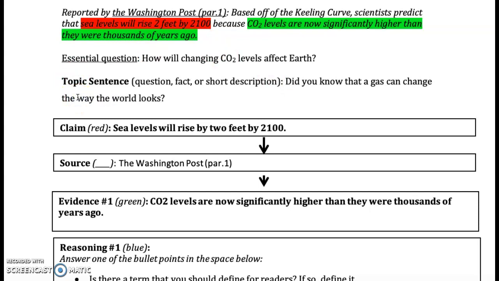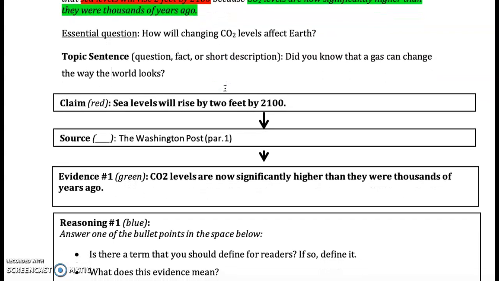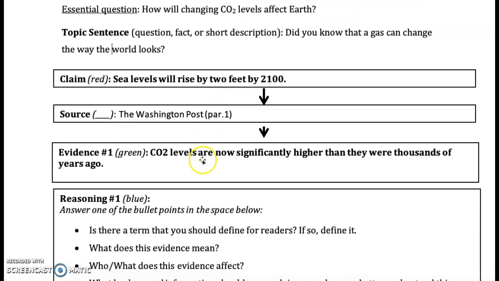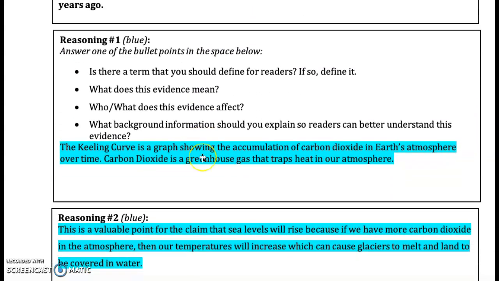So that topic sentence kind of gets your readers hooked on what's coming. So we might say, kind of thinking about going back to our paragraph, did you know that a gas can change the way the world looks? According to the Washington Post, sea levels will rise by 2 feet by 2100. And then we would go on to talk about our evidence and then our reasoning that supports that.